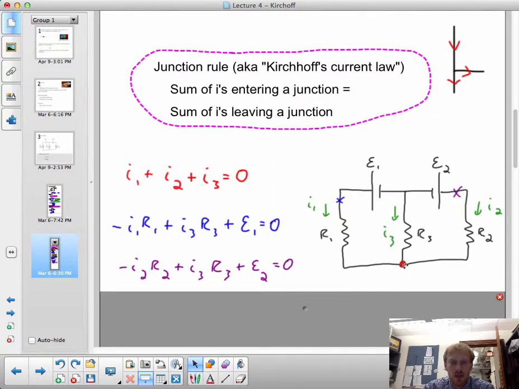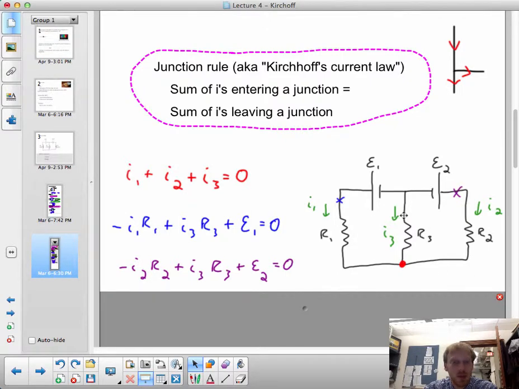So let's consider this point here. The sum of the currents in is equal to the sum of the currents out. The currents into that junction are all three currents, I1 plus I2 plus I3. This is non-physical. You can tell that something's not right here, and the thing that's not right is that we assumed the wrong direction for one of these currents. It is okay that we assumed the wrong direction.